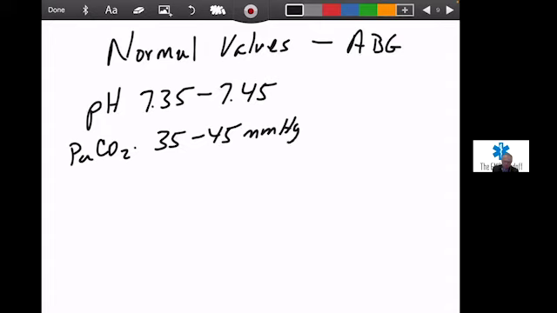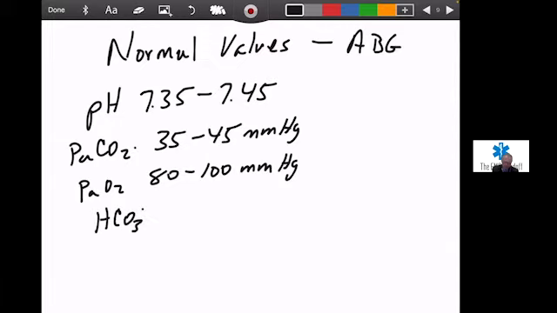For PaO2, the normal range is 80 to 100 millimeters of mercury. For HCO3, the normal range is 22 to 26 milliequivalents per liter.